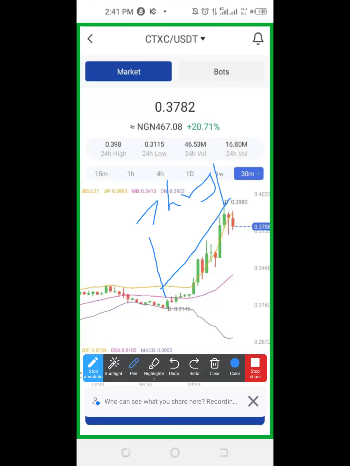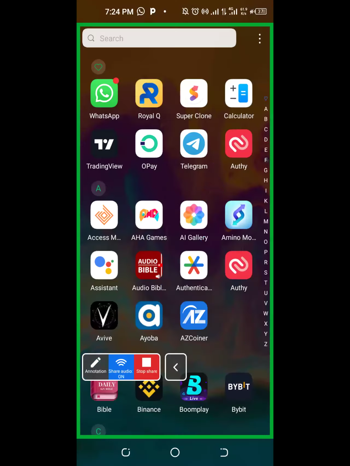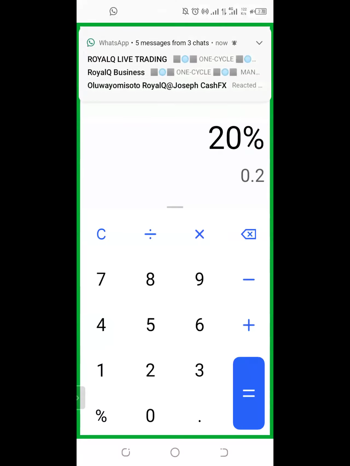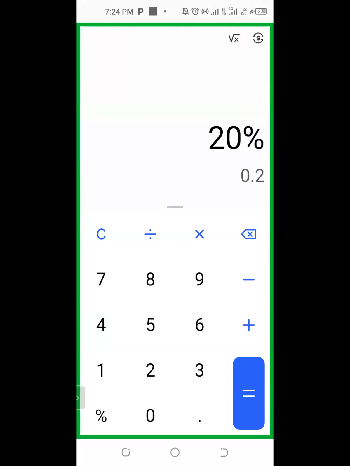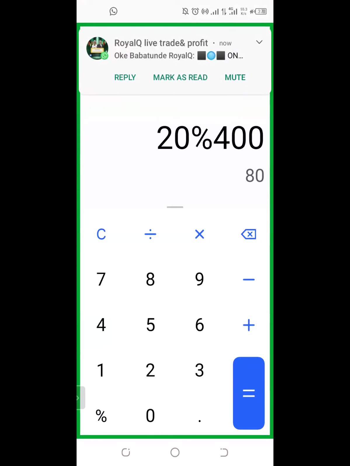You'll have made 20% of $400, about $80 that day. This is something somebody can make maybe in a whole month, but in a day you made it.